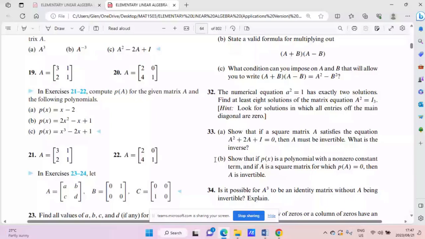So on my side, to make things easier, that 1, I multiply it by the identity of a 2 by 2 matrix. So let's substitute: P of A is equal to 2A squared minus A plus 1 times identity, which will be our identity for 2 by 2 matrix, which is 1, 0, 0, 1.